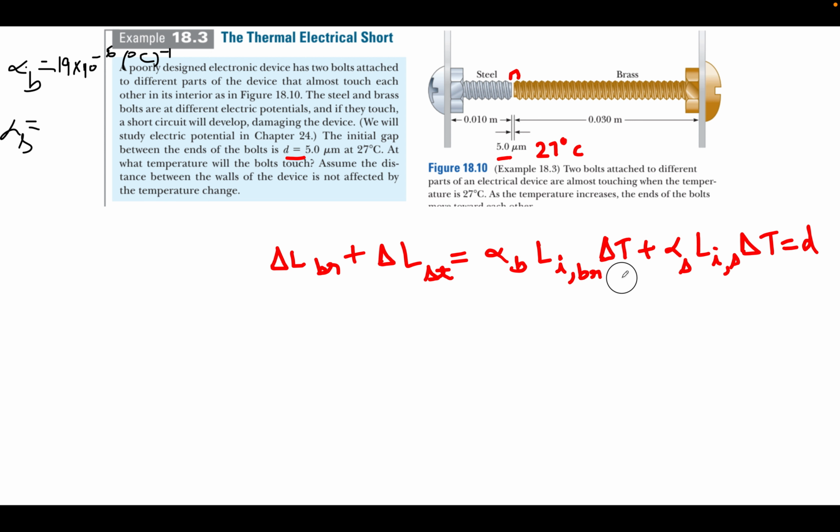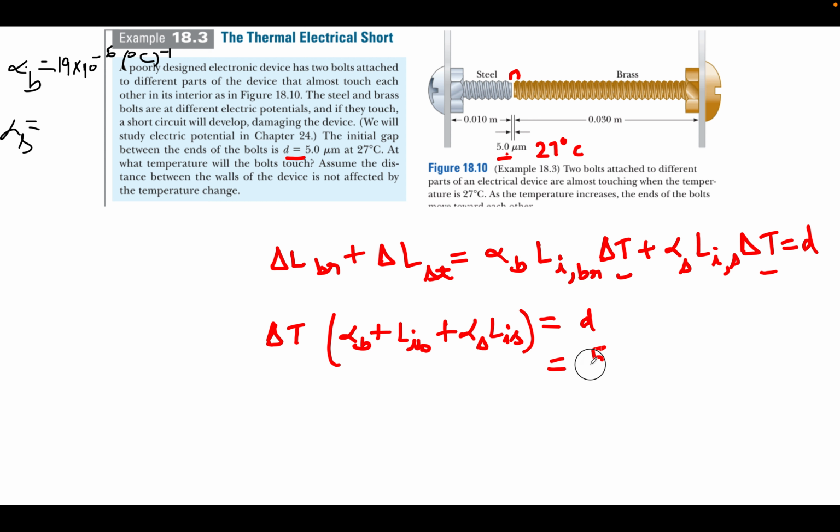By taking delta T common, in the bracket what will come is alpha brass times Li of brass plus alpha steel times Li of steel, and that is equal to D. We can see that the total expansion is 5 micrometer.